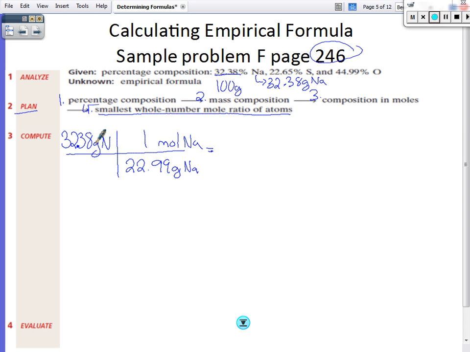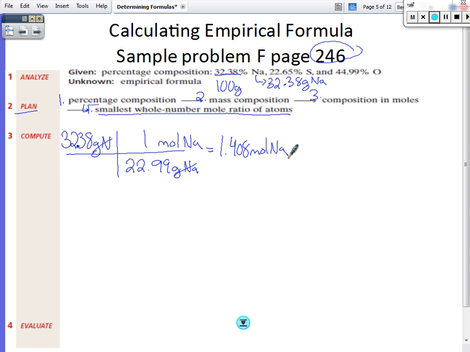Do that math, multiply across the top, divide the bottom, so I end up with 32.38 divided by 22.99, and I get 1.408 moles sodium. I'm going to do the same thing with sulfur and oxygen.